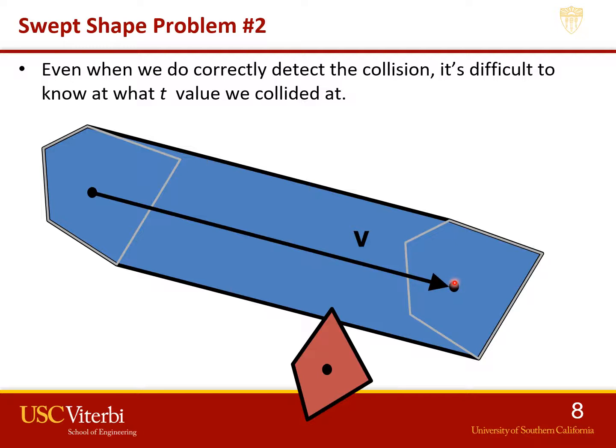But in this case, we need to say, oh, but it can't get there because this red thing is in the way, right? So the blue shape was supposed to go this way, and then somewhere right about, I don't know, in here somewhere, it was supposed to bang into that red shape and then change its trajectory. We'll need to calculate exactly where that happens.